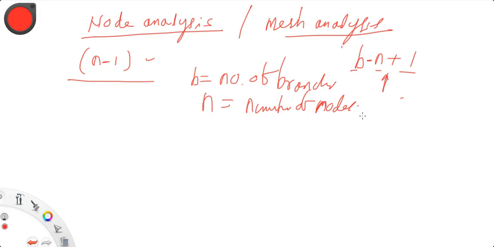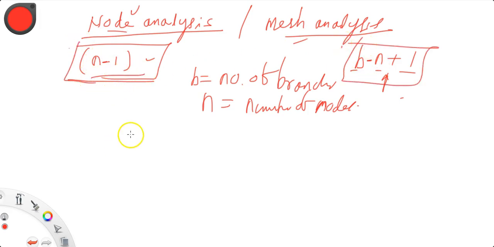After these basic chapters, you will find topics of network theory like network theorems. You will be using all these theorems to find out the circuit variables. The critical point here is that whether you go for node analysis or mesh analysis depends upon which one has the lesser number of equations to solve, right?